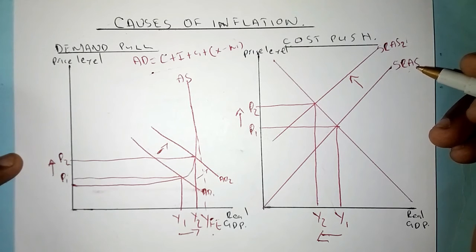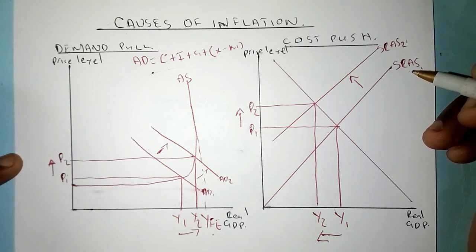The main one is imported inflation, whereby you are a firm that relies on importing raw materials from other countries. Those firms will have to charge a higher price on their finished goods so that they can match their profit margins, so that they can also be able to purchase the same value of raw materials that they were purchasing before when there was an increase in inflation.